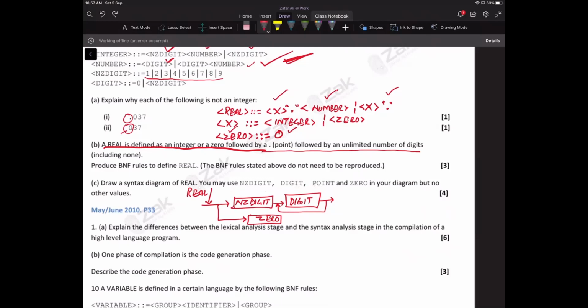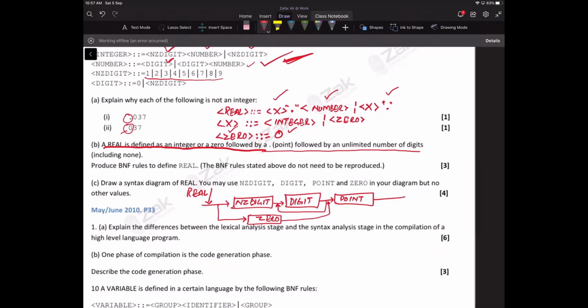A real is defined as an integer or zero followed by a point, followed by an unlimited number of digits including none.